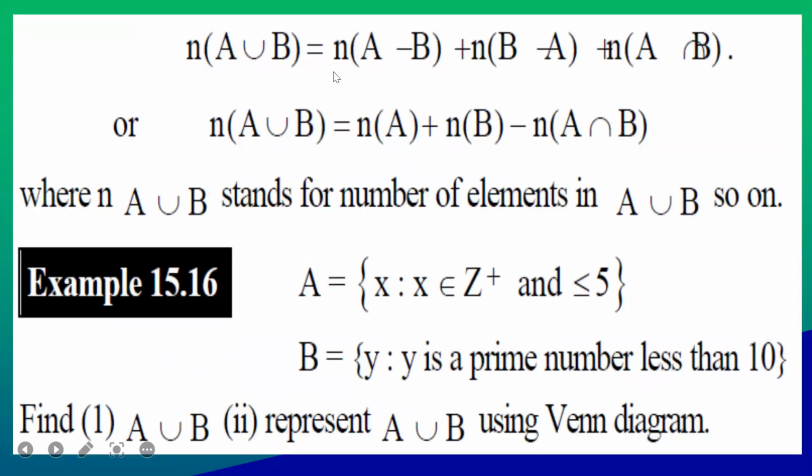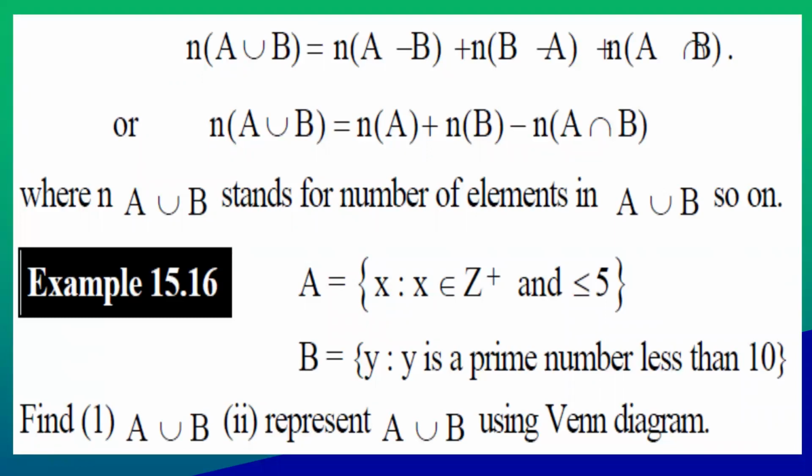And again, if we have n of A, n of B, then n of A union B is equal to n of A minus B plus n of B minus A plus n of A intersection B. Or n of A union B is equal to n of A plus n of B minus n of A intersection B, where n is the cardinality. n of A union B stands for number of elements in A union B and so on.